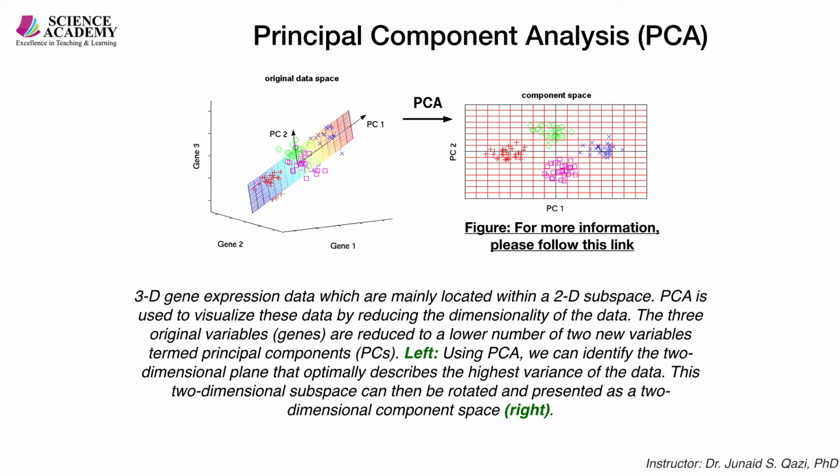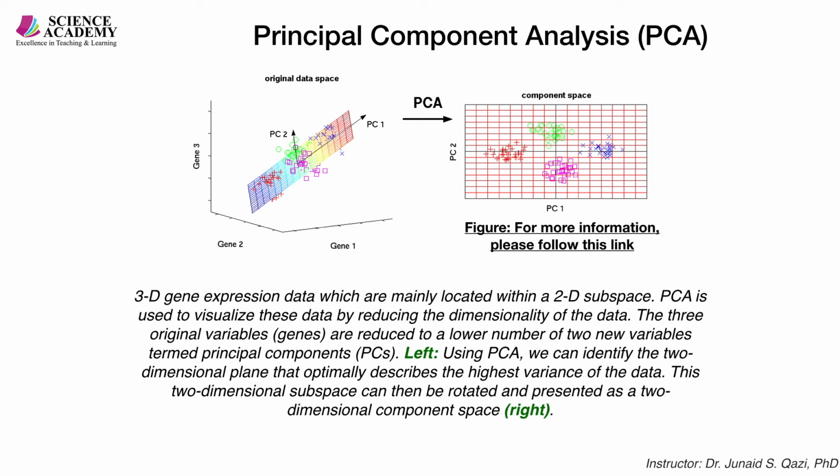So this is a very good example of using principal component analysis. The 3D gene expression data, which are mainly located within a 2D subspace. PCA is used to visualize these data by reducing the dimensionality of the data. So the three original variables, gene 1, 2, and 3, are reduced to a lower number of two new variables termed principal components, PC1 and PC2.